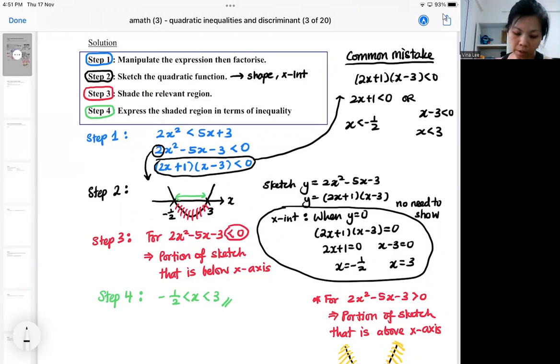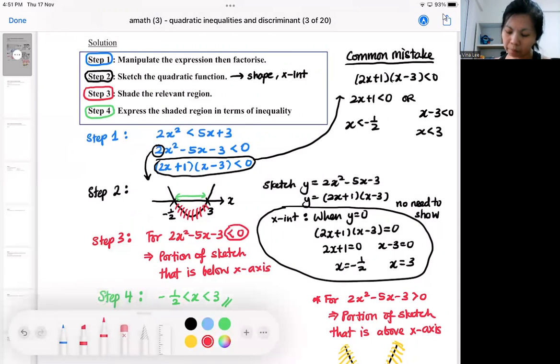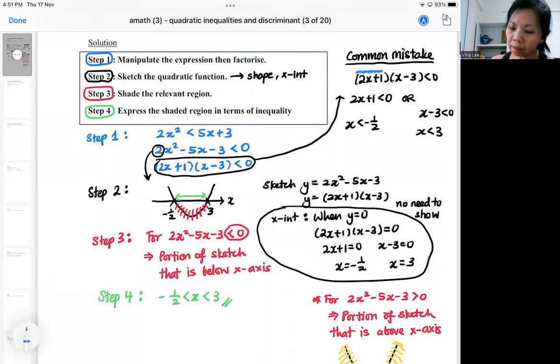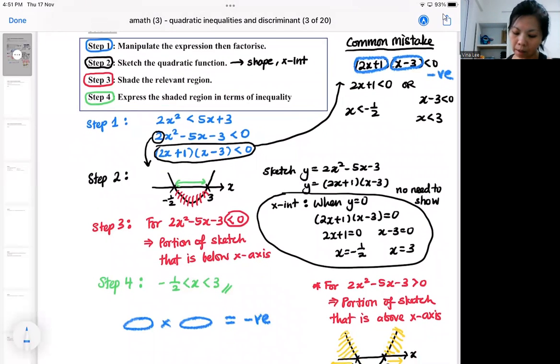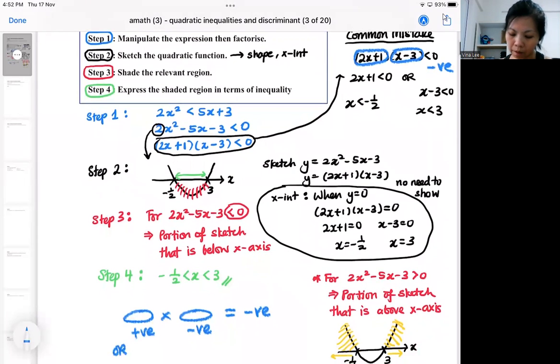Why is it a wrong concept? In a way, we will see this as two factors multiplied as a product. We want the product to be negative. We want a multiplication to be negative. Something times something to be negative. So if I want something times something to be negative, I can have positive here and negative here, or I can have a negative here and a positive here.